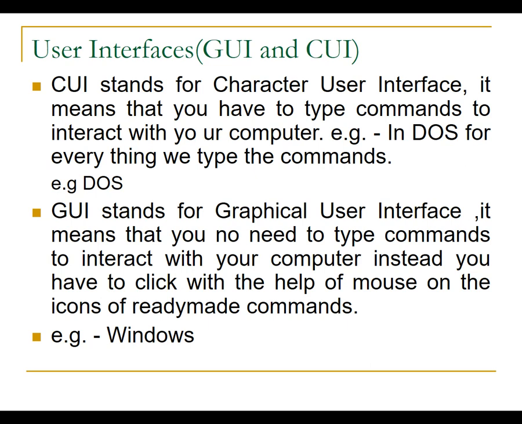In general, we can say that CUI was introduced in DOS, that is disk operating system, the first release of Windows official version. Now as time passed and newer technology was introduced, nowadays Windows 10 is a hot favorite in the market, and shortly Microsoft is going to launch Windows 12 also.